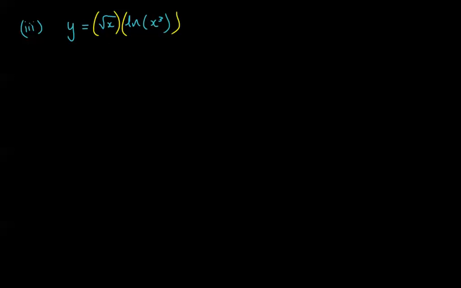Okay, so this would be your u, root of x, and this would be your v. Let's just work it out. That's x to the power of a half, really.